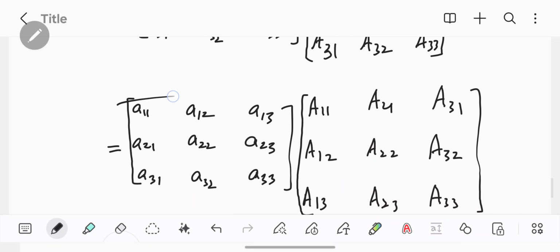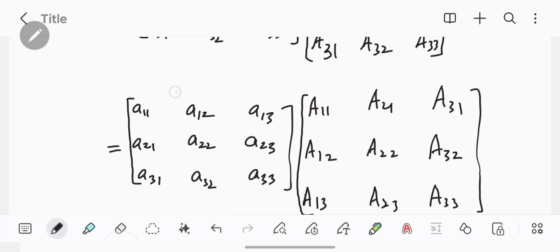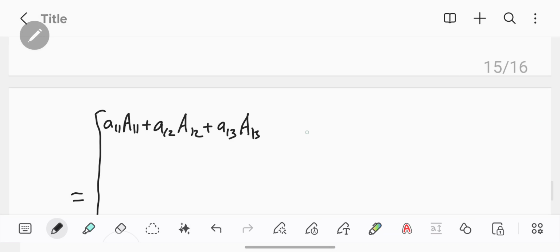Then I multiply this row with the second column: A11 A21, A12 A22, A13 A23.